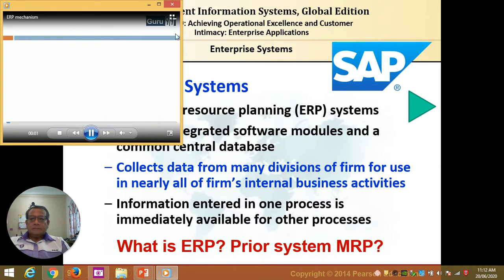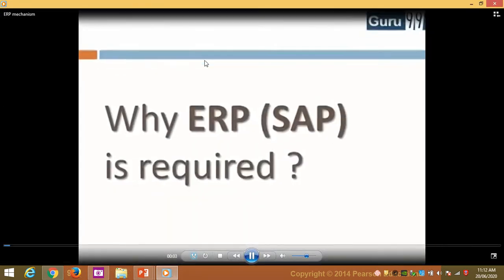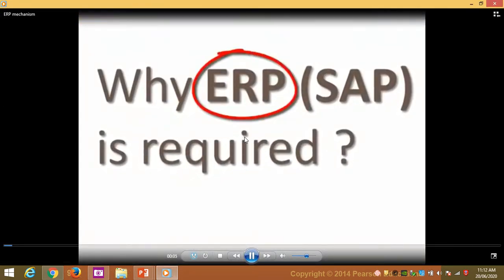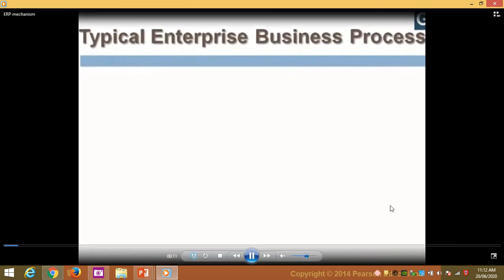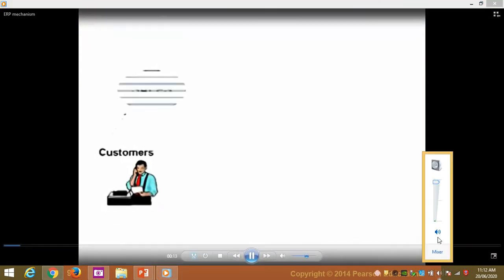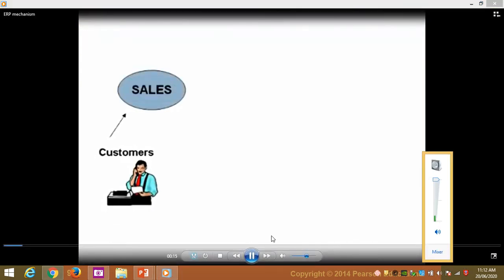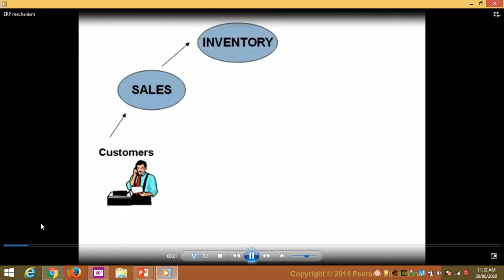The very basic question is, why is enterprise resource planning, also called ERP, required? To answer, let's examine this typical business scenario. A client approaches the sales team to buy a particular product. The sales team approaches the inventory department to check the availability of the product.